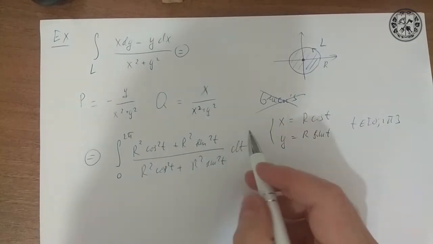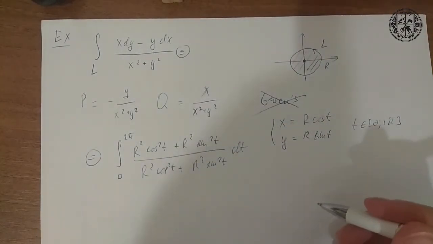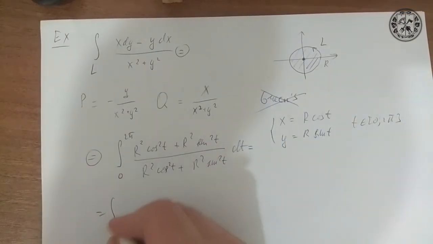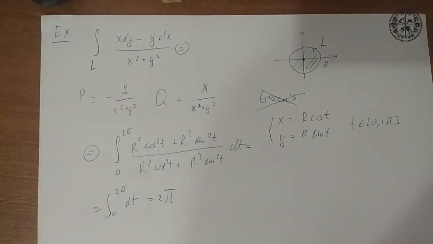And we see that these two expressions are actually the same, so we just get the integral from 0 to 2 pi dt, which is 2 pi. We cannot calculate this expression using Green's formula, but we can do it in the old-fashioned way.